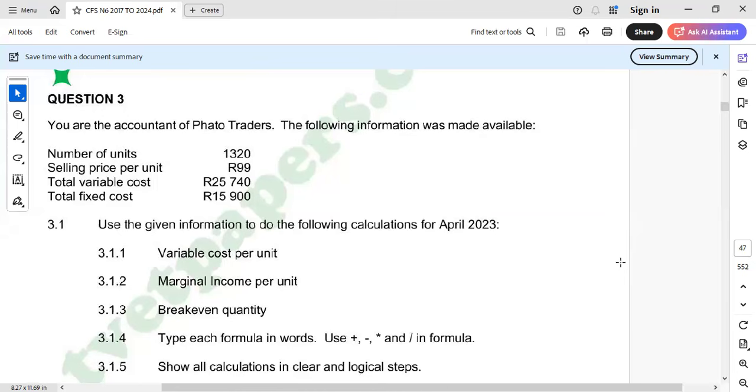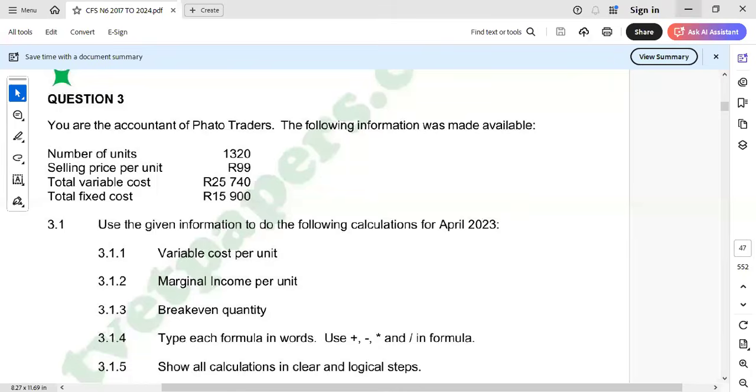You can see that they gave us the number of units, selling price per unit, total variable cost. They gave us the total fixed cost. So let us go to Excel.